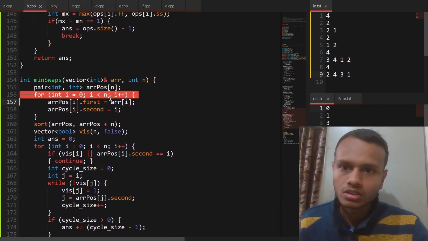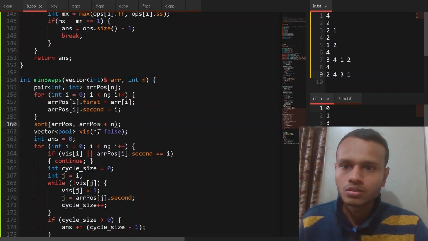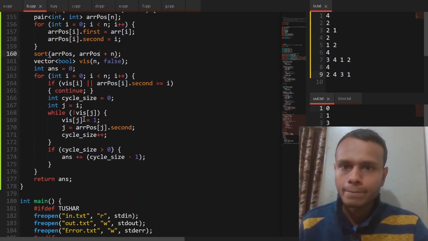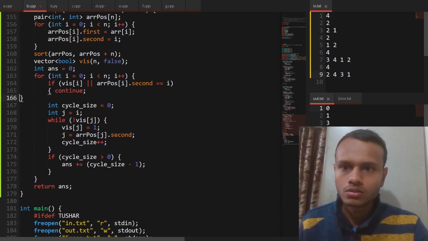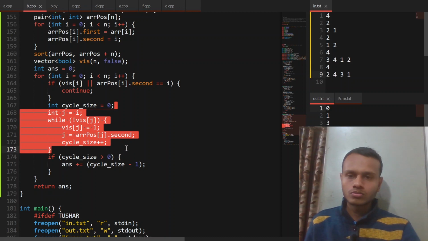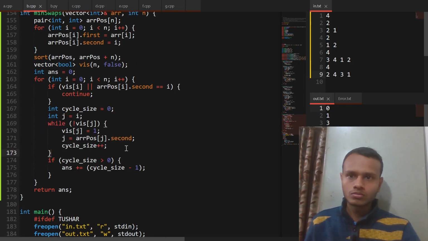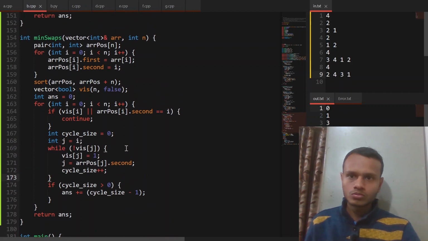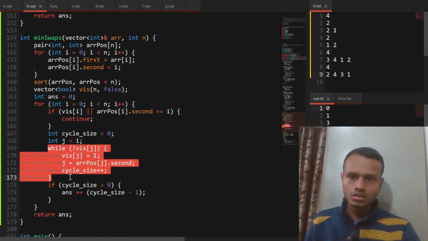It will return the number of swaps, the minimum number of swaps. Here I am getting the size of the cycle.